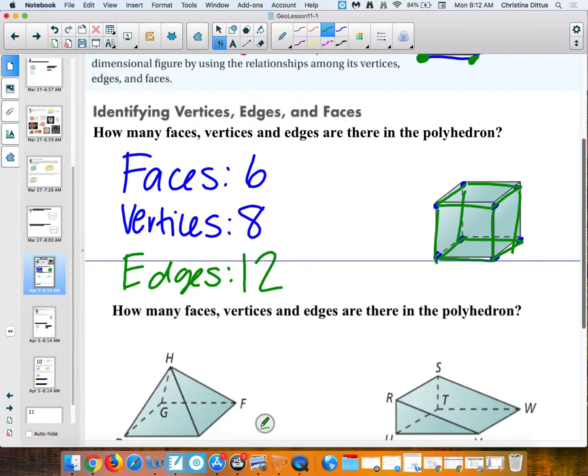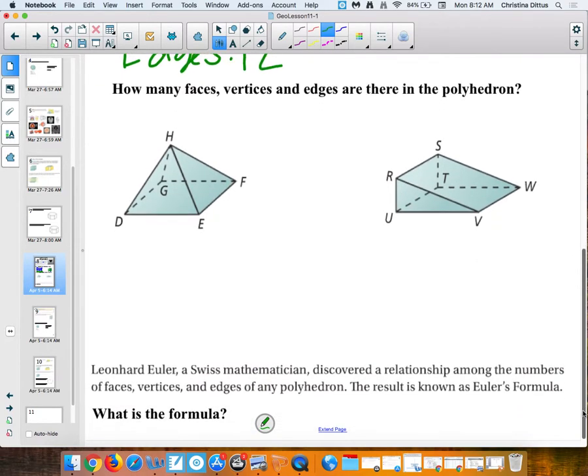You feel better about our vocab? No? Okay, we'll do it again. Faces! I got 5, you guys agree? Yep. How many vertices do I have? 5. And edges. 8.